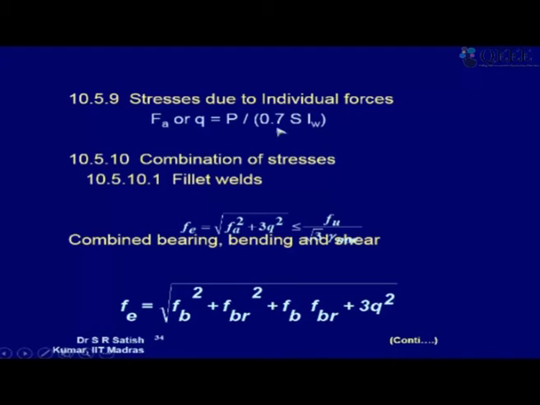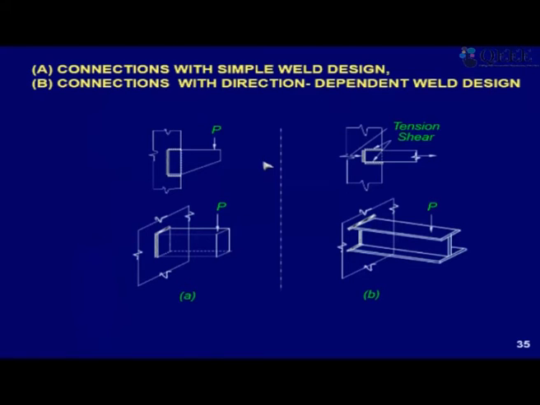This is the area of the weld, into what is my FU by root 3 gamma MW, right? Gamma MW will be 1.25 if it is shop weld, 1.25 if it is field weld. So this stress is to be multiplied with the area, which is 0.7 S LW, and that gives me the force that the weld can take. So this should be larger than what I am trying to transmit. Okay, that is how we design a fillet weld to transmit direct shear.